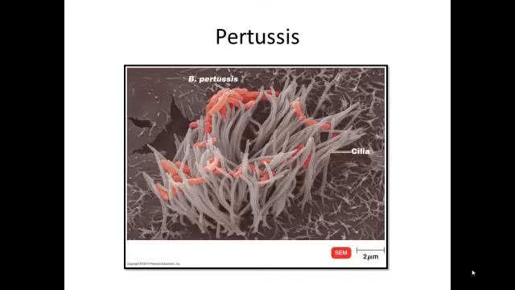Pertussis, or whooping cough, is caused by Bordetella pertussis, which is a small aerobic gram-negative coccobacilli. So because it's obligately aerobic, you can understand why it likes to hang out in the bronchia where there's lots of oxygen going past them.